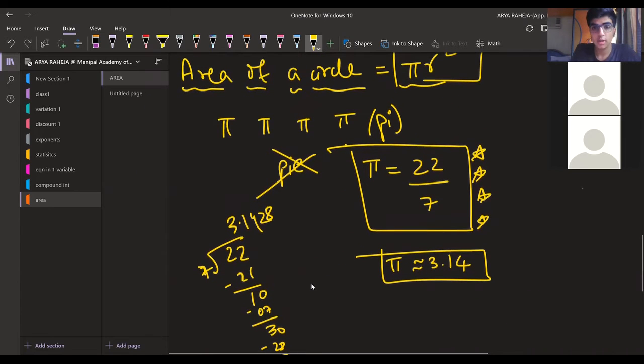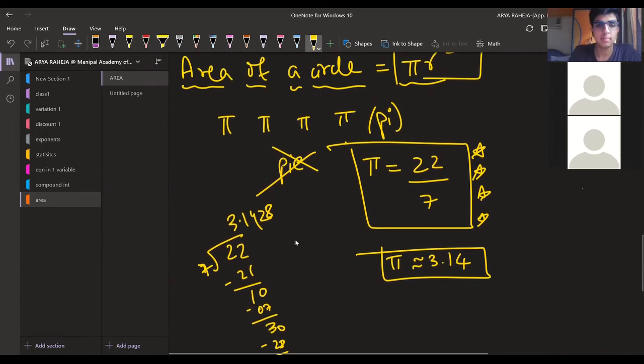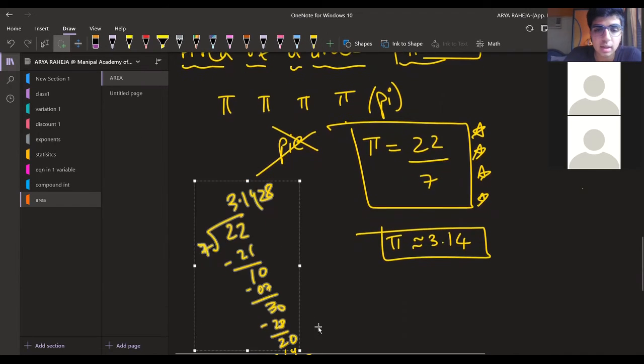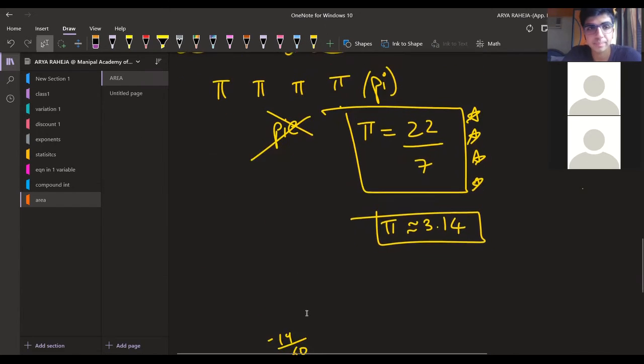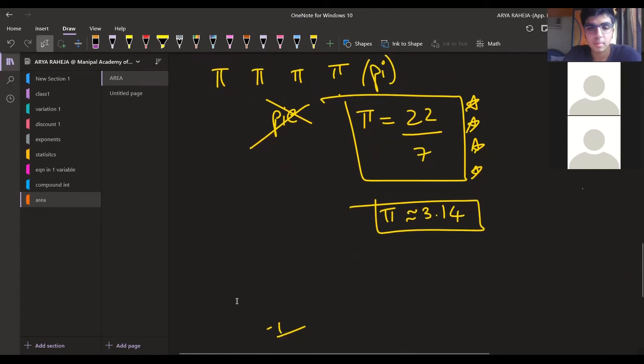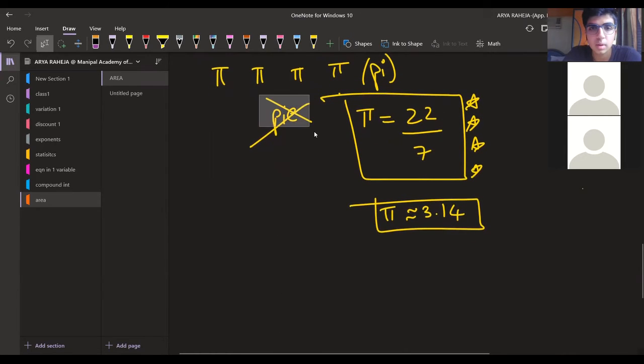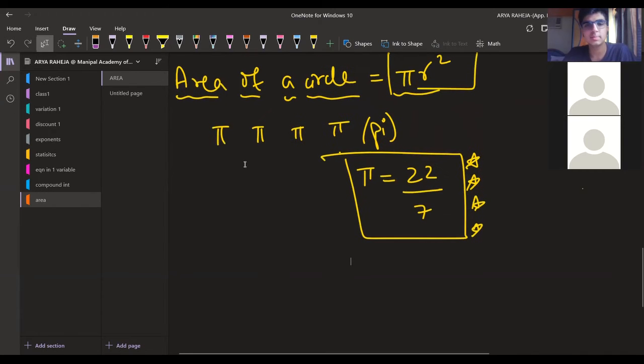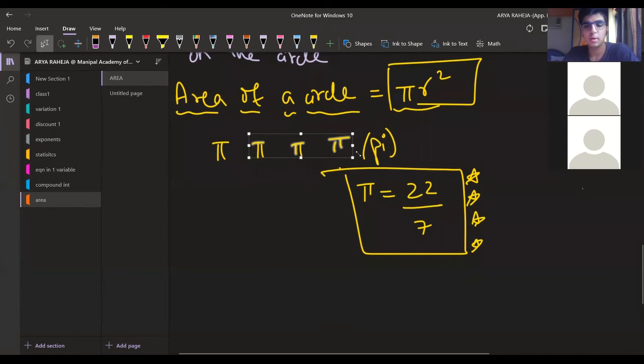Okay, so coming back now, let me just remove all the unnecessary stuff जो तुम लोग को याद नहीं करना है. Backspace. ये भी 3.14 भी don't remember, it's okay, just this much you need to remember, that pi is equal to 22/7.